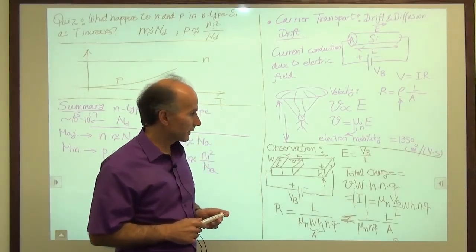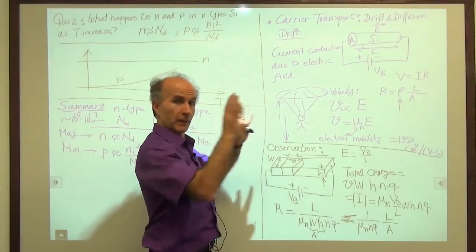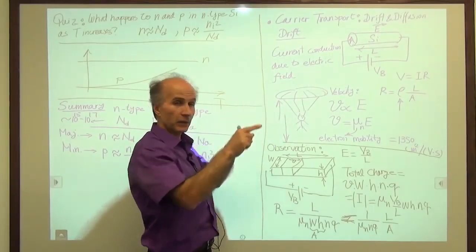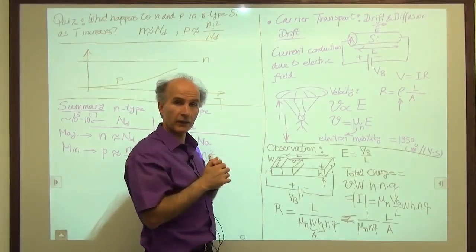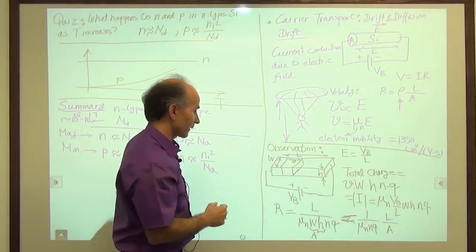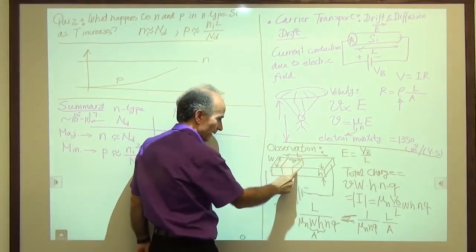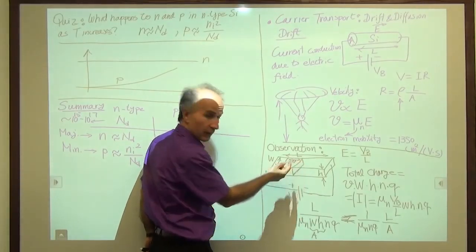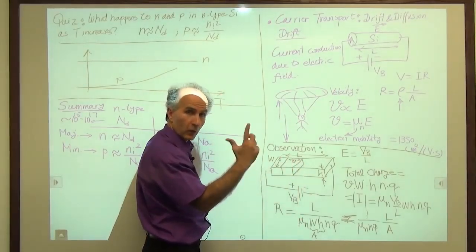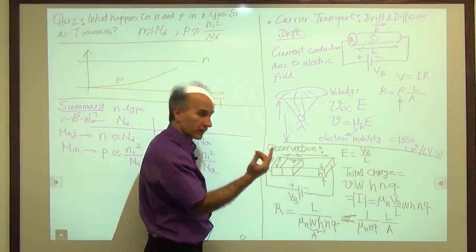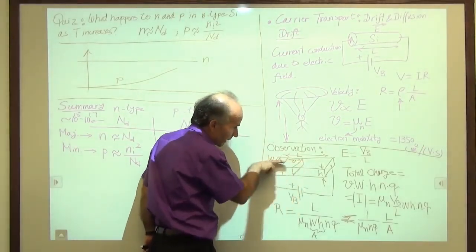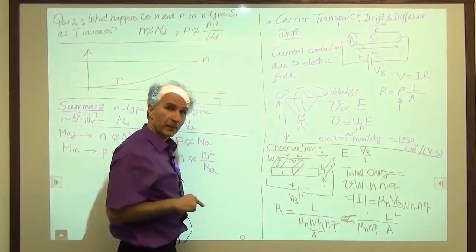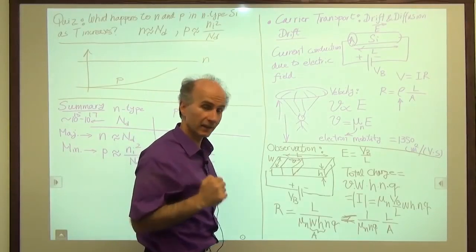Current density means the amount of current that is flowing per unit cross-section area. So rather than consider the total current that passes through this, we just take a unit area, let's say 1 micron by 1 micron, 1 meter by 1 meter, 1 centimeter by 1 centimeter, right? Just a little area here and see how much current is passing through it.